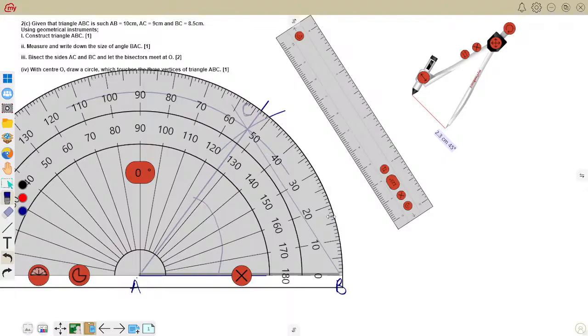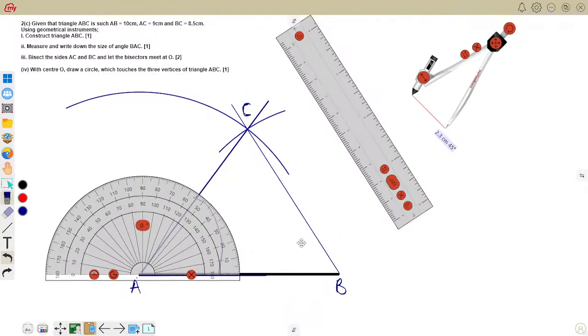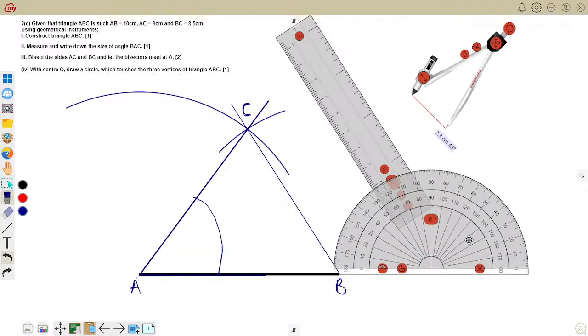Then we can see the smaller marks, which are 51, 52, 53. So the angle there is roughly 53. Someone can find 53.5, someone can find 52.5, someone can even find 54. Because this line is not accurate, maybe that's why I found 53 degrees. So that is the value of that angle.